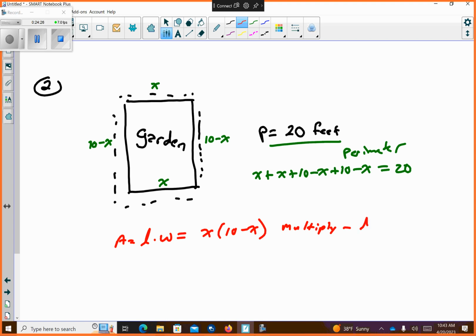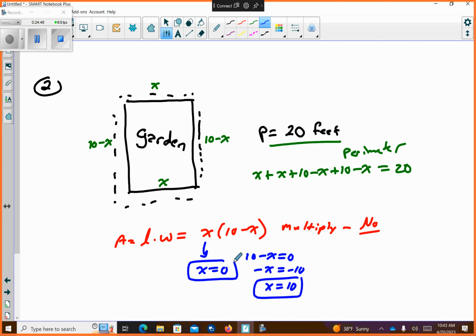All right. So my friends, we could multiply this out. But we're not going to. And the reason I'm not going to is this. If I set this equal to 0, and I set this equal to 0, I'm going to wind up getting this, which is this. Okay?